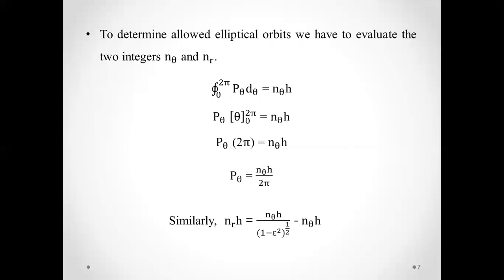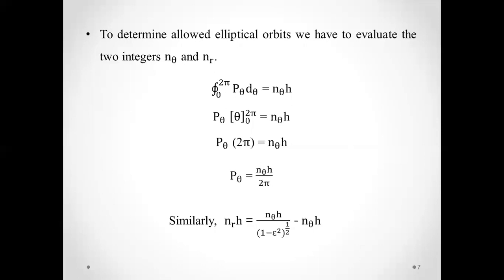To determine allowed elliptical orbits, we have to evaluate the two integers n theta and nr. First, by making use of the first integral of p theta d theta is equal to n theta into h. After integration and substituting the limits, we get p theta as equal to n theta into h divided by 2 pi.